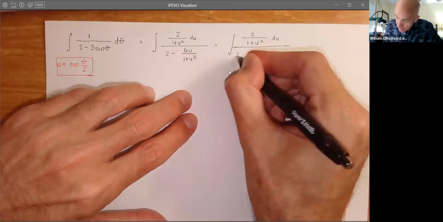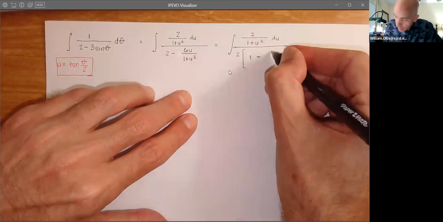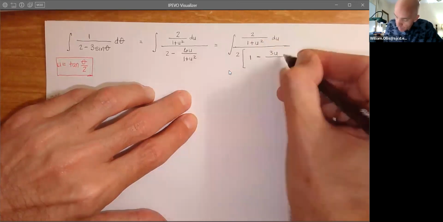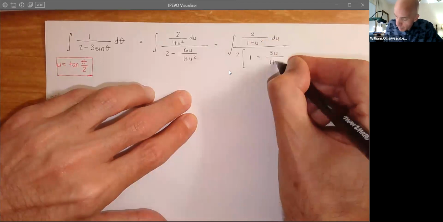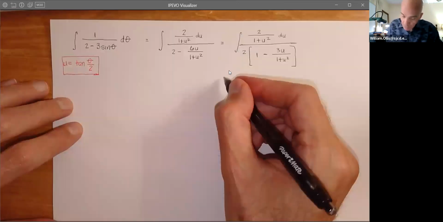2, 1 minus 3u over 1 plus u squared. So just factor the 2. So now the 2's absorbed.